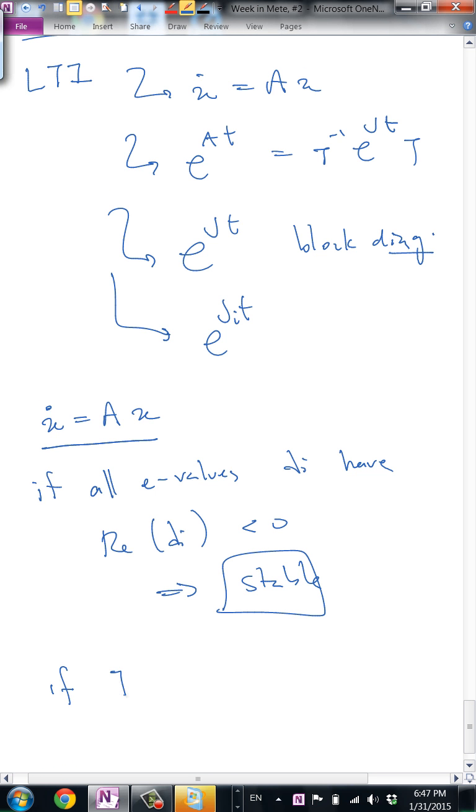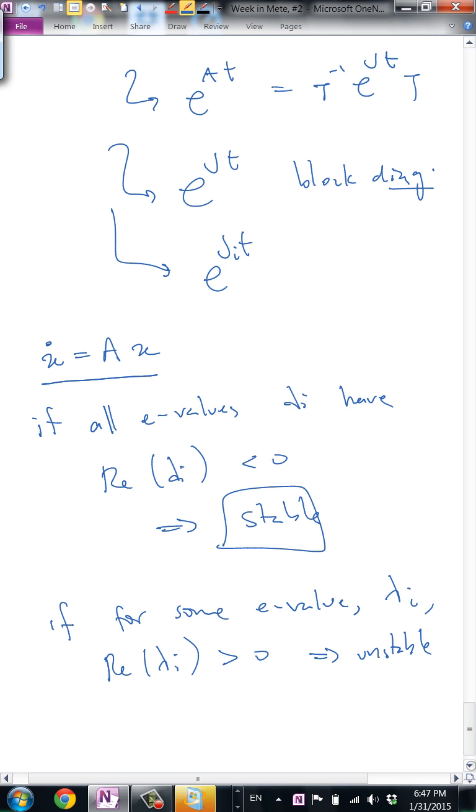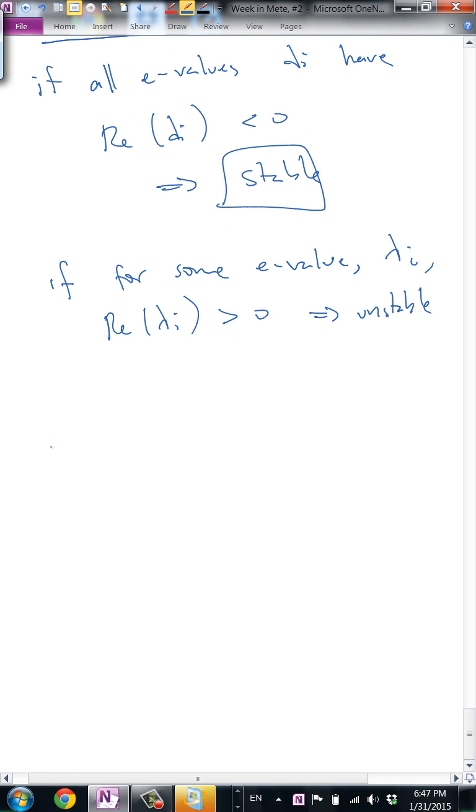If for some eigenvalue, say lambda i, the real part of lambda i is positive, then the system is unstable, and we don't even need to look at the other eigenvalues. If for all eigenvalues the real part of lambda i is less than or equal to 0, we need to do further checking.